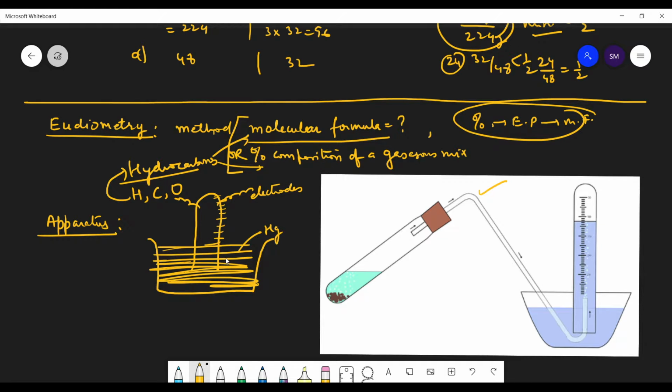The basic thing is that we will have a gas mixture and then the reaction. A known volume of gaseous hydrocarbon or gaseous mixture is mixed with excess of oxygen or air. In this reaction, students, you will have some hydrocarbon, basically carbon and hydrogen, and oxygen, and then you do the combustion.